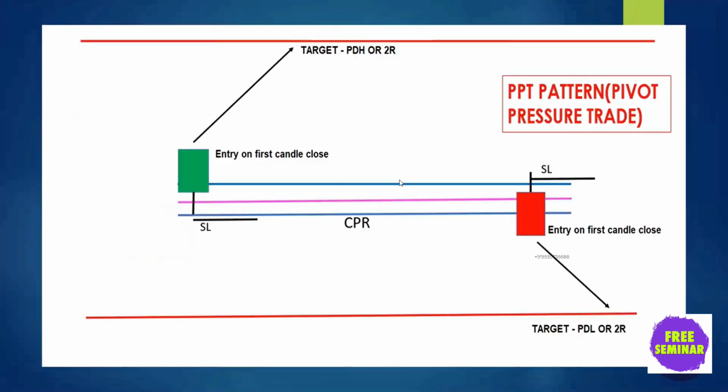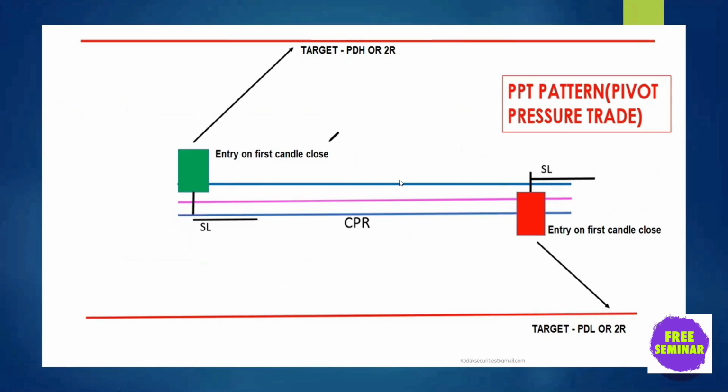Now let us discuss the next pattern, called the PPT pattern, or pivot pressure trade pattern. Okay, this is the pattern. Let us discuss what this pattern actually is. This pattern is based on CPR. This looks similar to the OD pattern: you can see the first candle, entry on the first candle, or entry on the first candle if it's bearish.